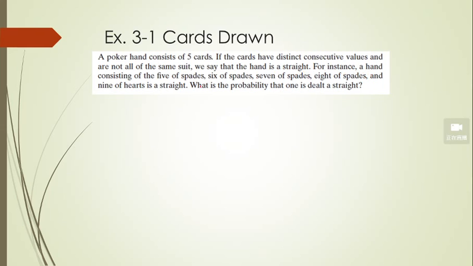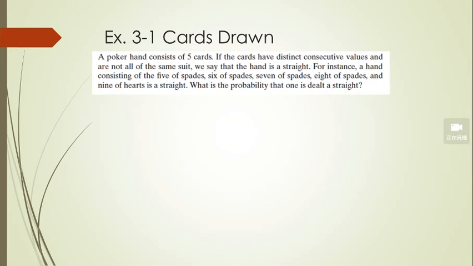For instance, a hand consisting of the 5 of spades, 6 of spades, and 7 of spades, and 8 of spades, but the 9 is in hearts. That is called a straight. What is the probability that one is dealt a straight?